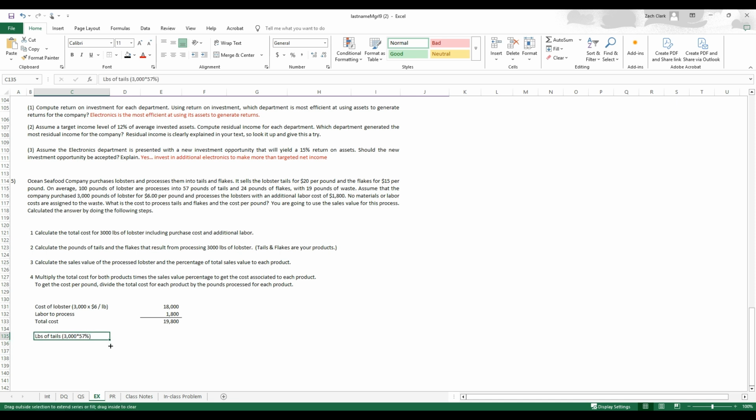And then, since we already have this set up, pounds of flakes. And then the rest of it's waste. It's not 57% here, it's 24%. So then we can say equals 3,000 times 0.57 and 0.24 for the flakes. Add those together, and that gives us our total processed non-waste pounds.